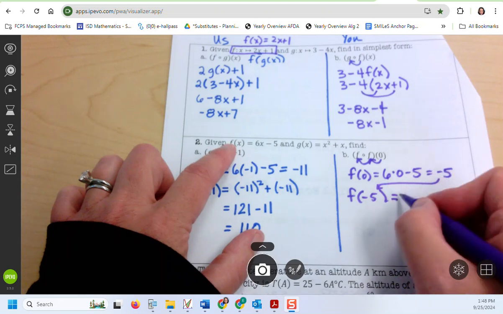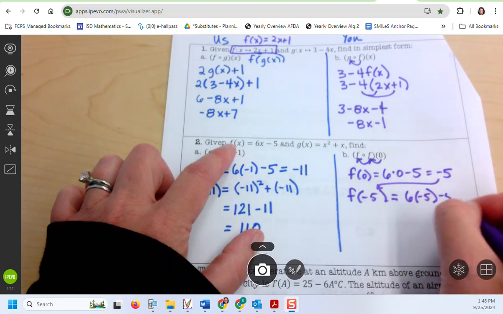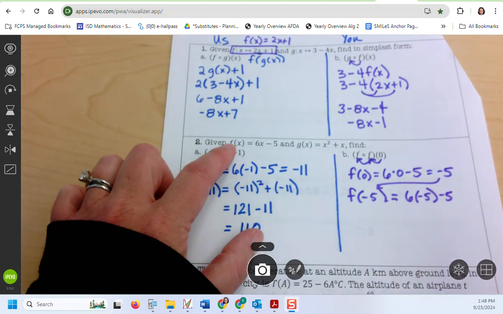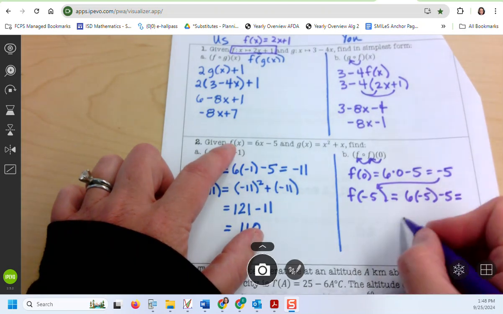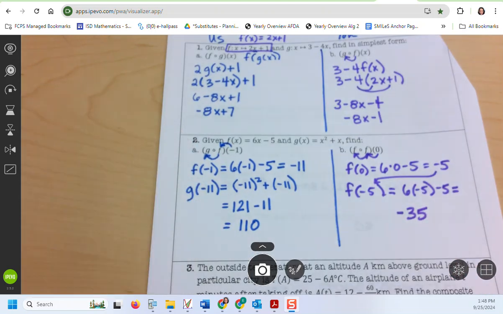And that would be 6 times negative 5 minus 5. And I get negative 35. Did you guys get negative 35? Yes. All right. What questions do you still have on composition? None. Good. We have one more to do.